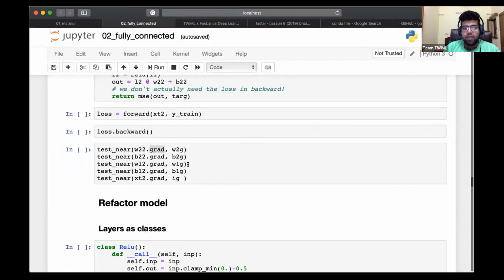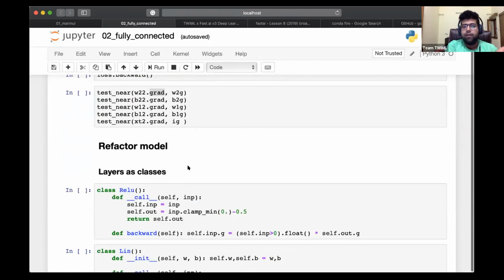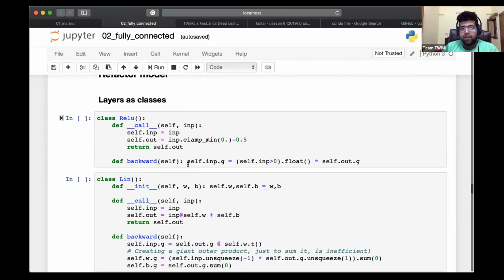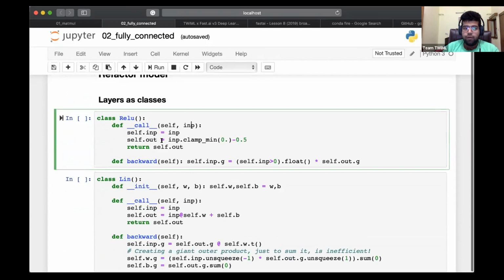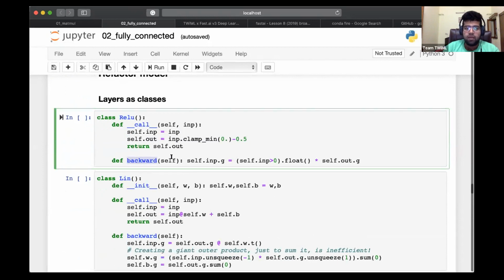Followed by which we refactor this into a single class. We define the call, we pass the input to the ReLU, and then we subtract the negatives from our original definition just to fix the mean values, followed by which we define the backward pass.